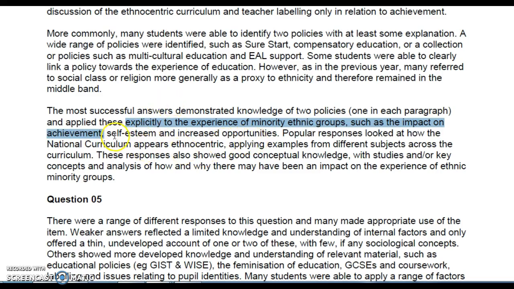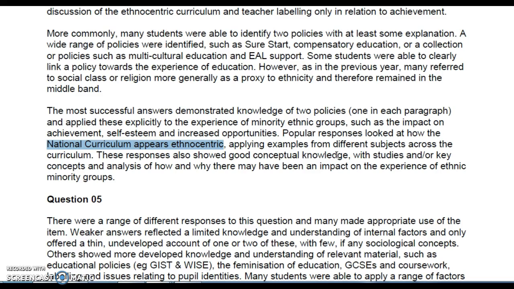The most popular was the national curriculum, that appeared to be ethnocentric, so knowledge could be applied from history, for example, or languages. And you could explain why they were ethnocentric.